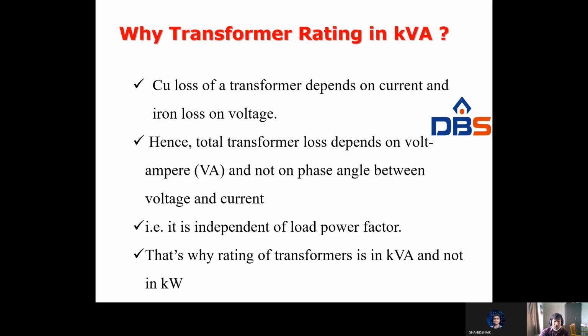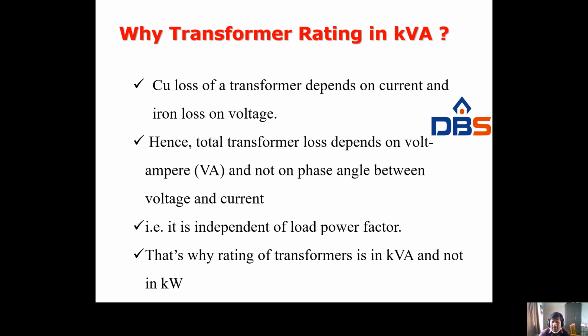Now, why is the transformer rating in kVA? Generally, the rotating machines, I mean DC generator, DC motor and the remaining induction motors also, are expressed in watt, kilowatt or megawatt.